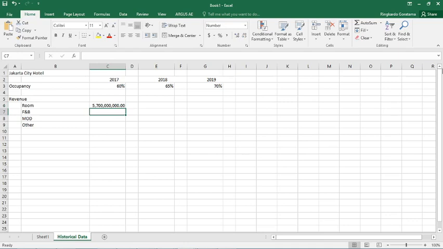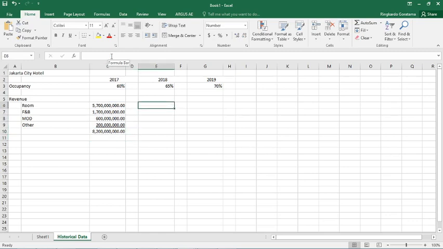The F&B revenue is 1.7 billion. The MOD is 600 million, and other is 200 million. So the total revenue is 8.2 billion.